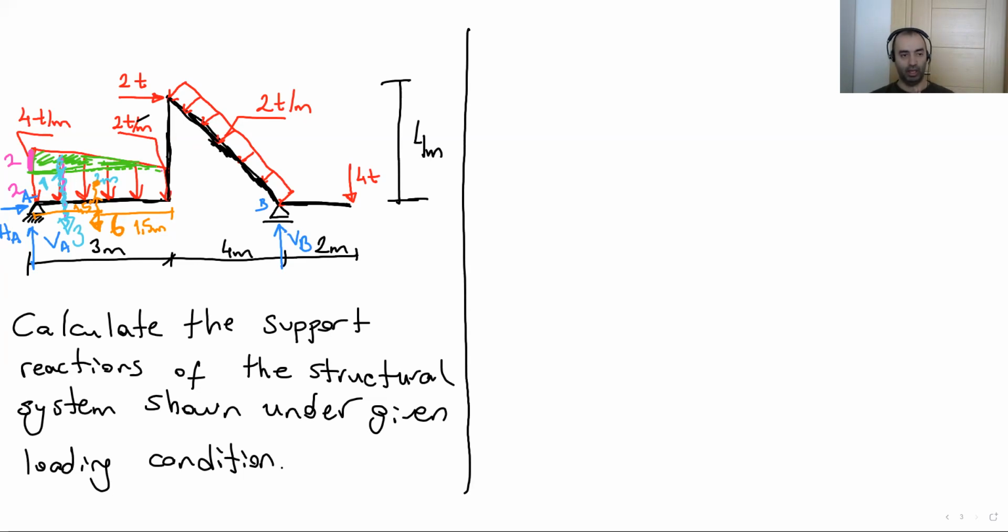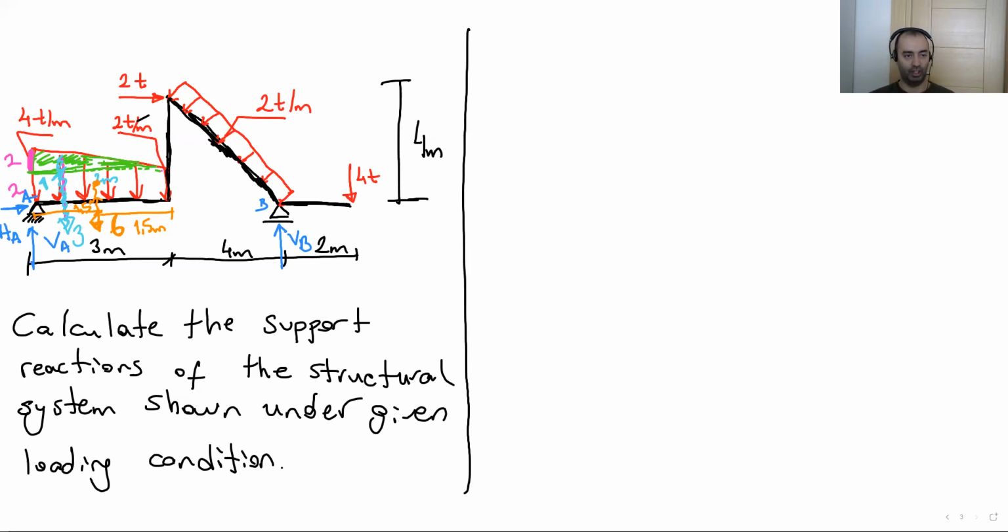We now have two concentrated loads instead of this trapeze loading. One is 3, one is 6, and we are going to use their locations given on the sketch.